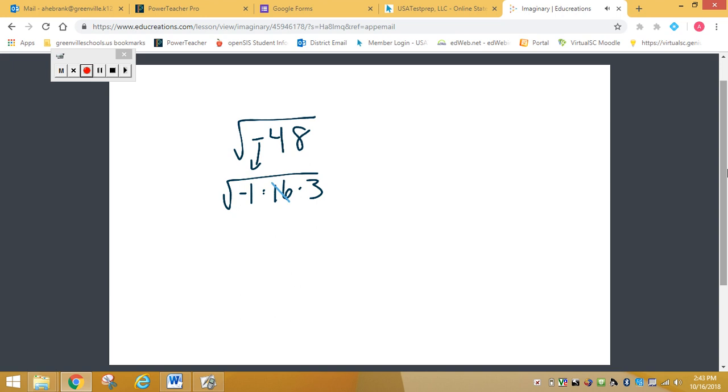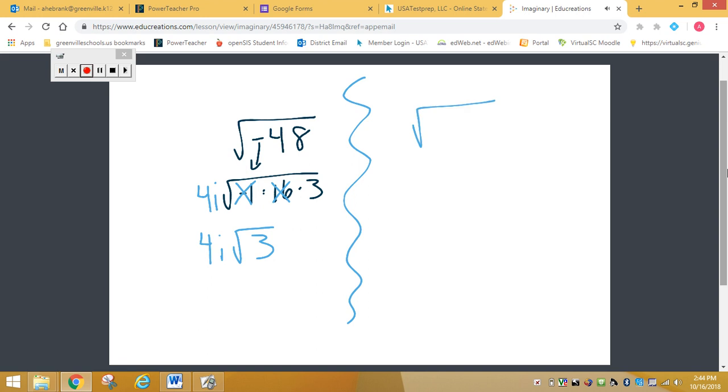The square root of 16 is 4, so that goes on the outside. Can't take the square root of 3. The square root of negative 1 is i. So I'm going to have 4i square root 3. And that's your answer. Let's do another one.